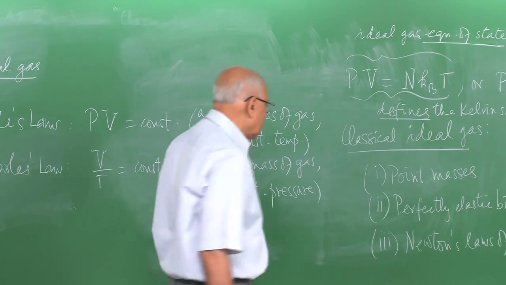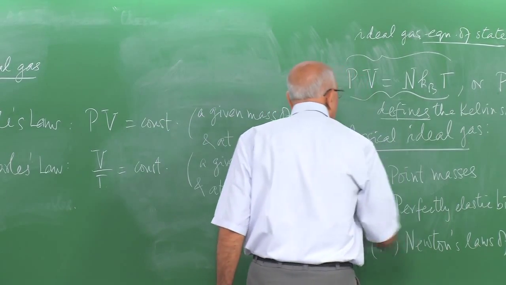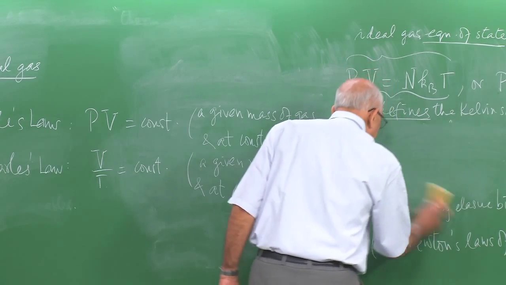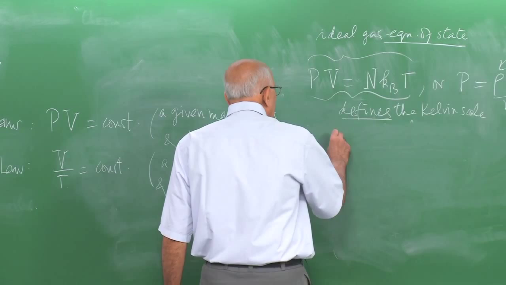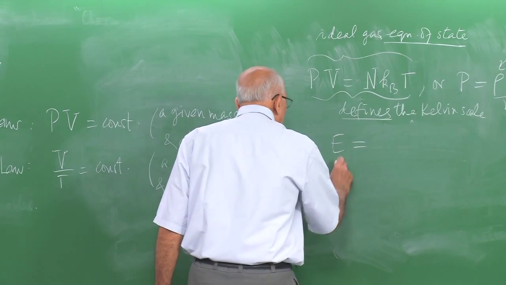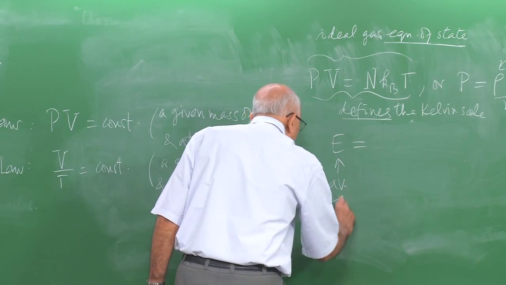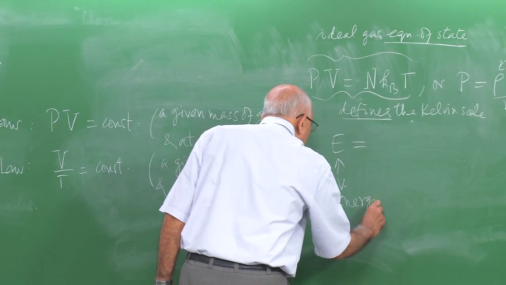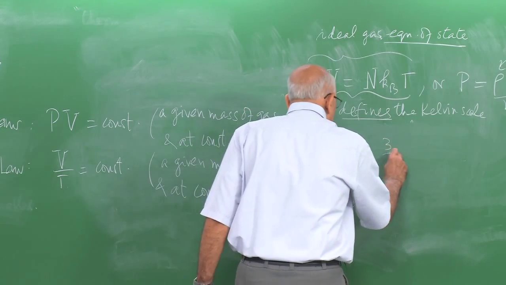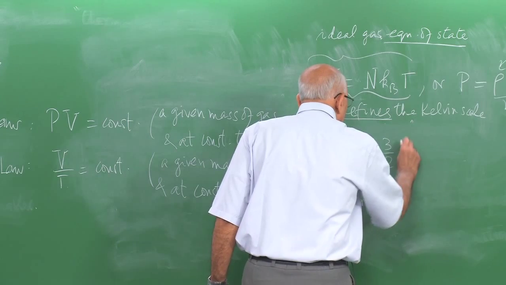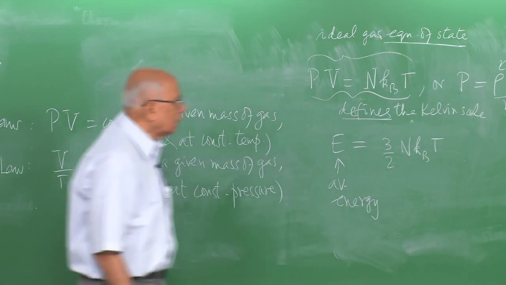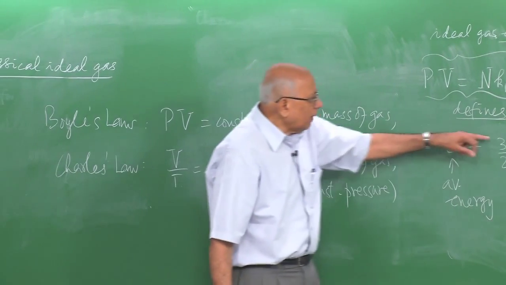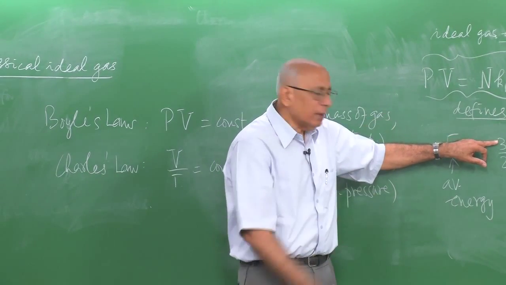And the average energy of the system, let me write this down, for the same ideal gas, it is very important to write this down here, the average energy is three halves n k Boltzmann T. The 3 reflects the fact that the molecules are moving in 3 dimensions.